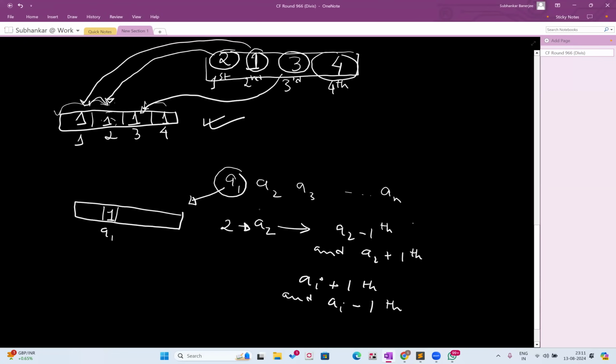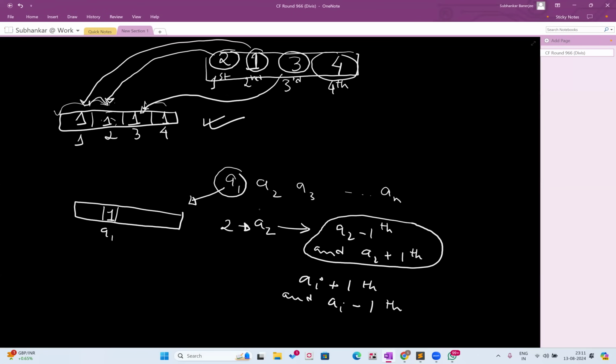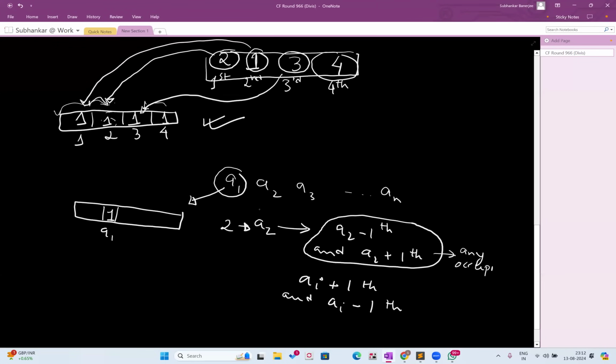I'll check the left seat and the right seat of the seat that the passenger wants to occupy. If any of them is occupied, then there is no problem, and I'll occupy the AIth seat for the ith passenger, or in this case for the second passenger, I'll reserve the A2th seat.